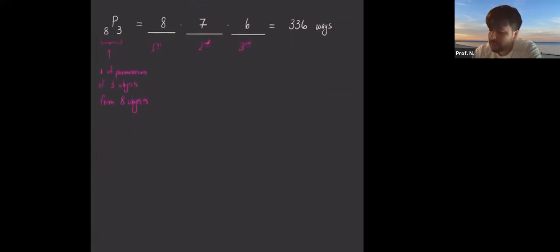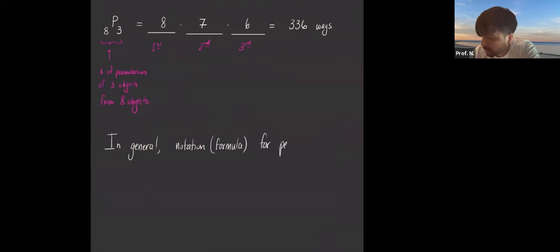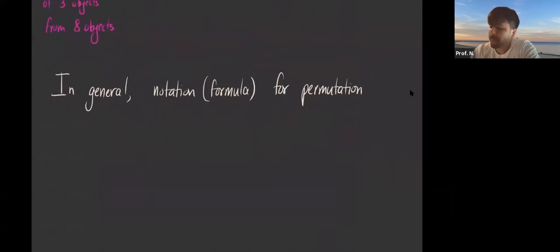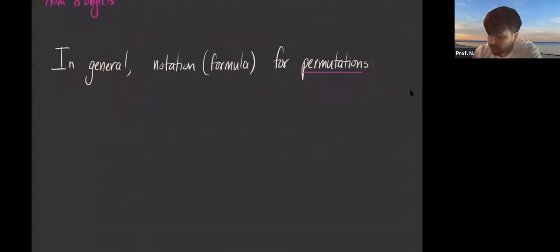So in general, this is the formula or the notation that we're using for permutation. We use the letters N for the number of things.